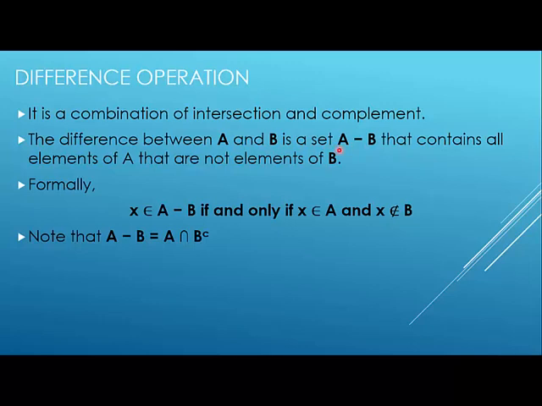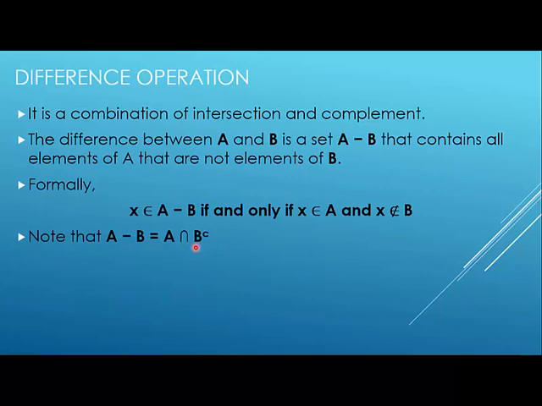The difference of the two sets, A minus B, contains all elements of A that are not elements of B. So formally we can say X is an element of A minus B, the difference of sets A and B, if and only if X belongs to A and X does not belong to B. So A minus B is equal to nothing but A intersection B complement.